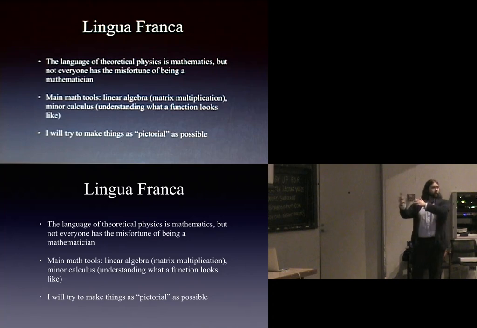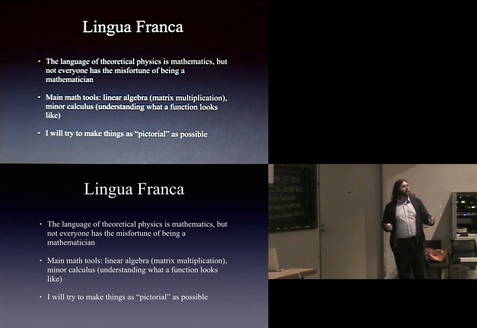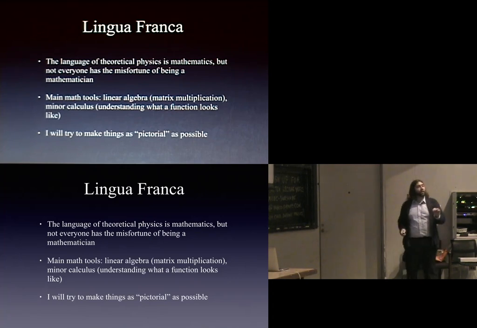For instance, earlier I talked about wave functions, and to know what a wave function is, you have to know what a function is, and so on and so forth. I'm going to try to make things as pictorial as possible, and if I go through something and the math is a little rough, call me out on it. I'm happy to explain things in more detail.